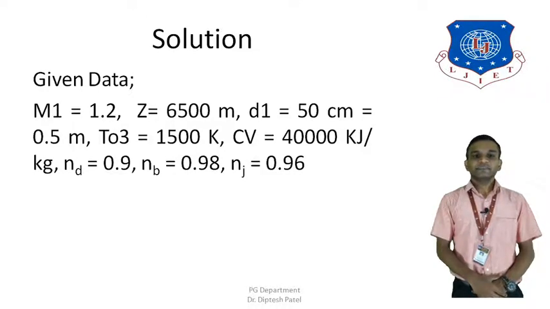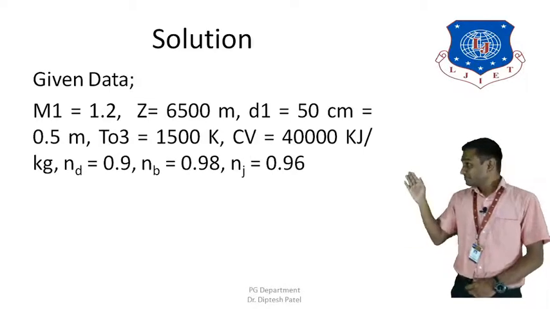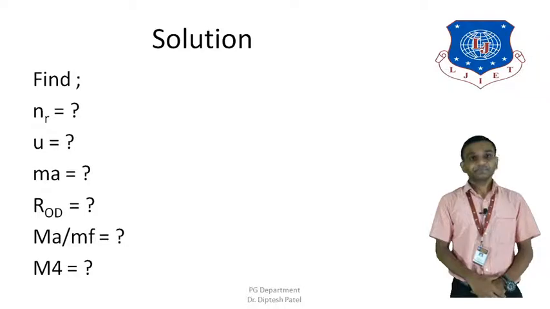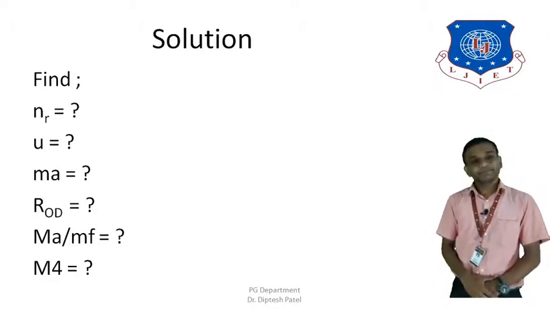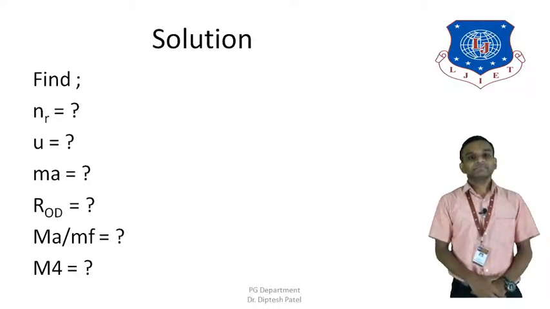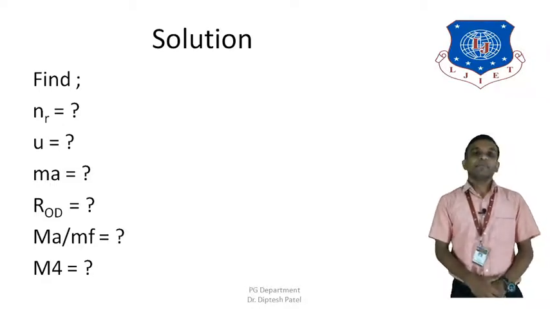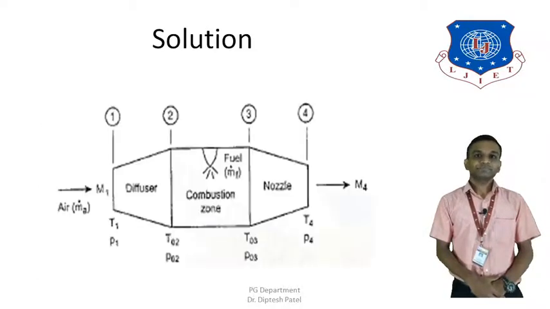Then the efficiency of the diffuser is 0.9, of the combustor 0.98, and of the nozzle 0.96. These are the findings: eta R, u, m_a, r_d, m_f upon m_a, and M4. So these are the different calculations that we need to make in this numerical.